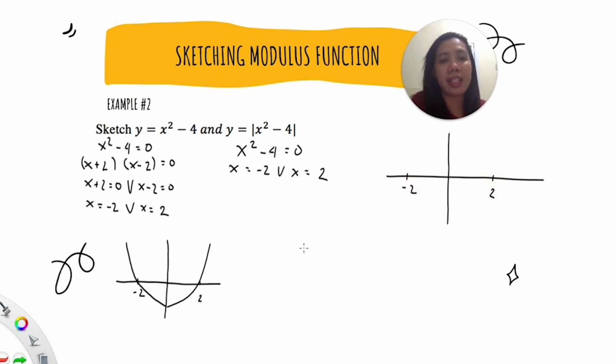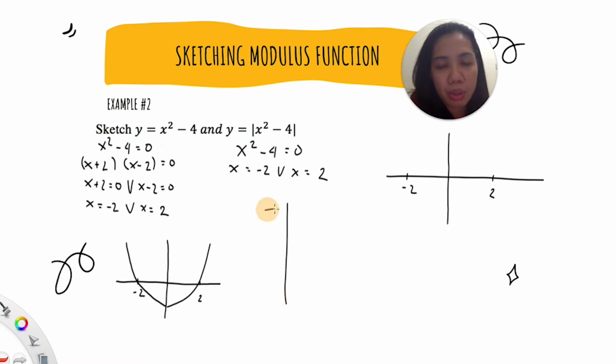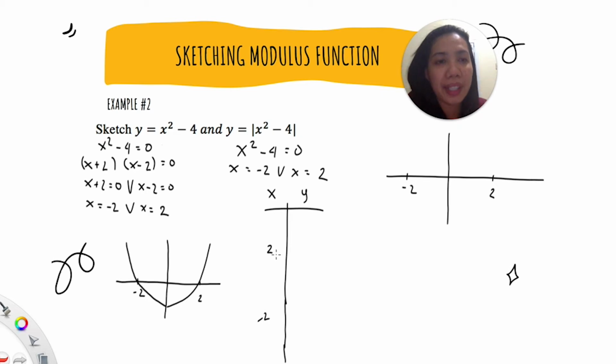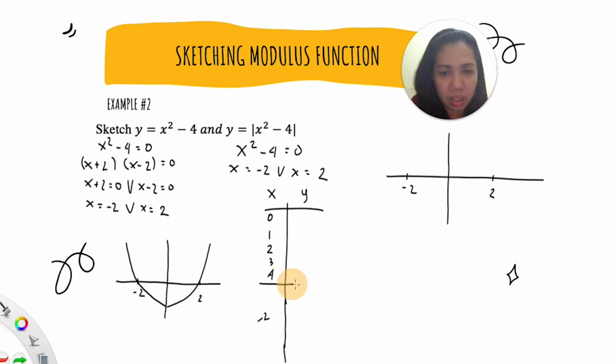Next, we can make an xy table. Put 2 here and minus 2 here. Then take two x values from the right and the left of these vertex x coordinates. This is 1 and 0, and here we have 3 and 4. For the left, minus 3, minus 4, and here minus 1 and 0.